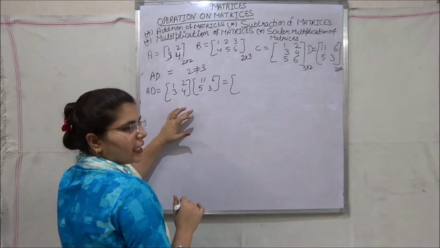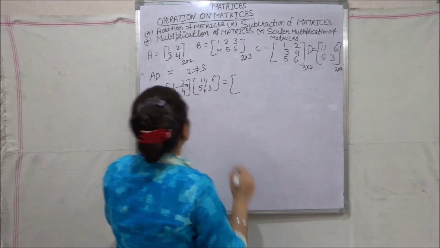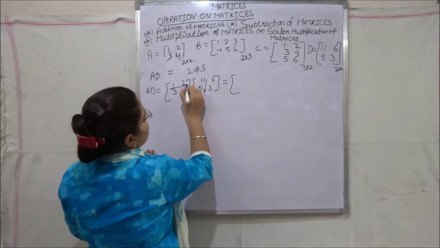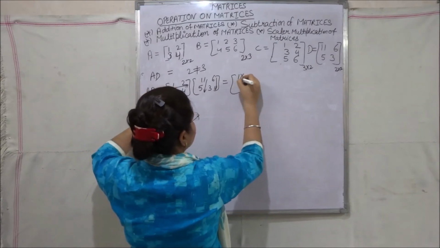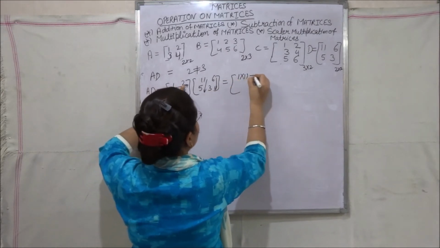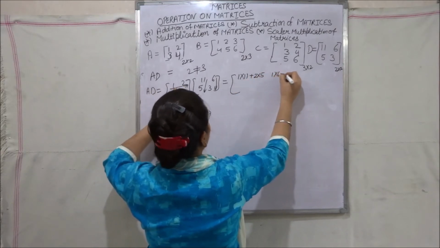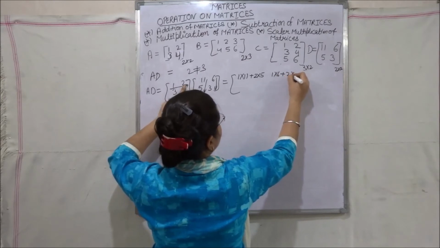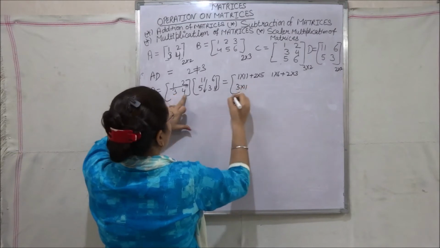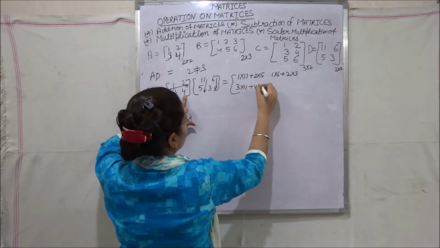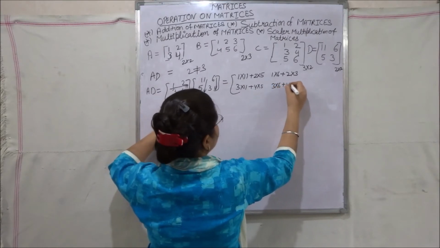Now the first row will be multiplied with the first column and the first row will be multiplied with the second column. 1 into 11 plus 2 into 5. 1 into 6 plus 2 into 3. 3 into 11 plus 4 into 5. 3 into 6 plus 4 into 3.